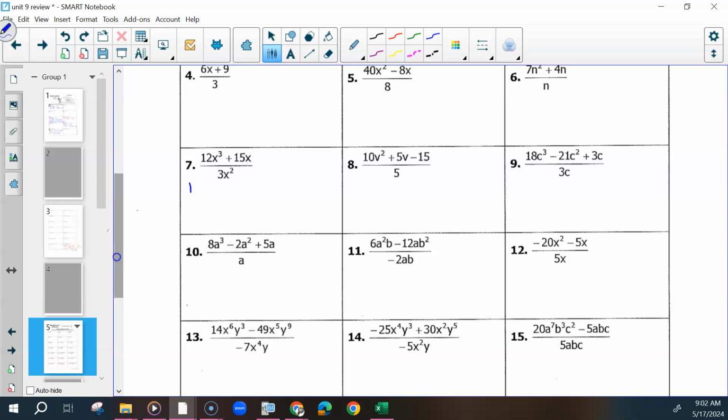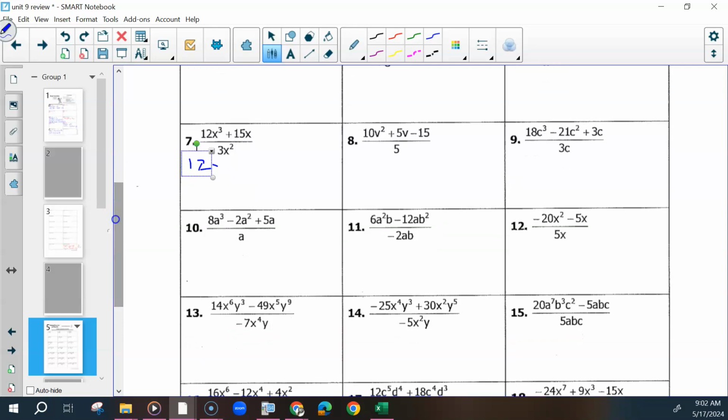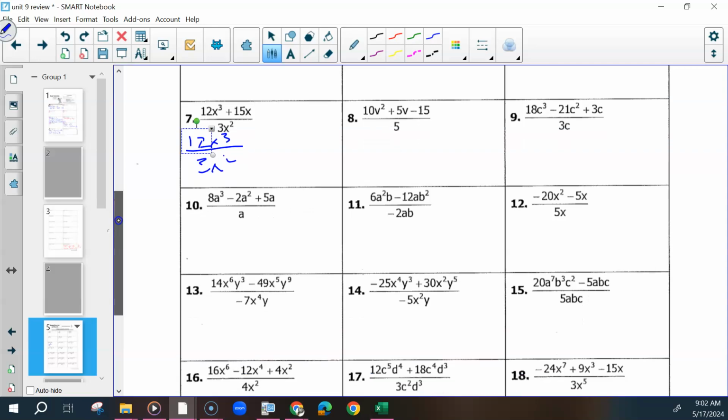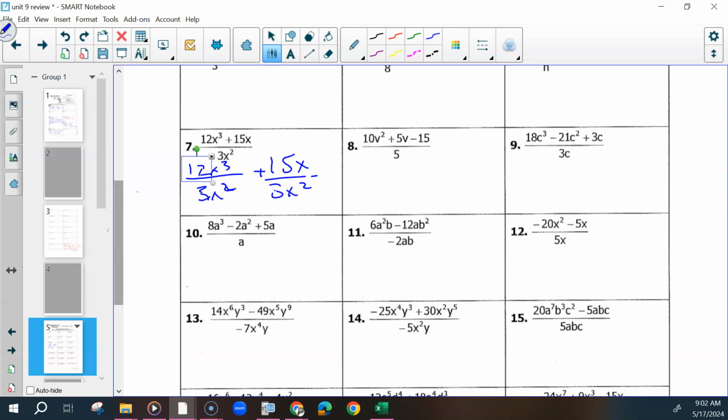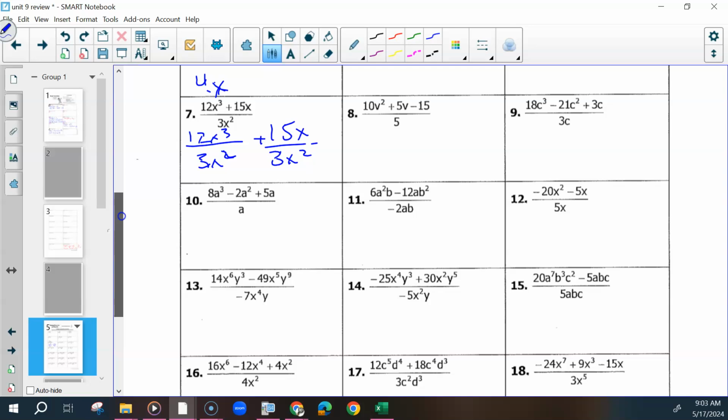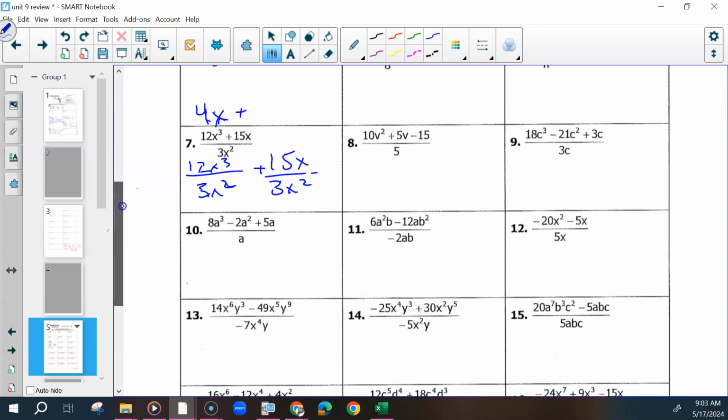So separating it, I'm just going to rewrite it with each term over the denominator. And then divide each one using your exponent rules. So this first one, 12 divided by 3 would give me 4. And then I'm subtracting my exponents, so x. 15 divided by 3 is 5.